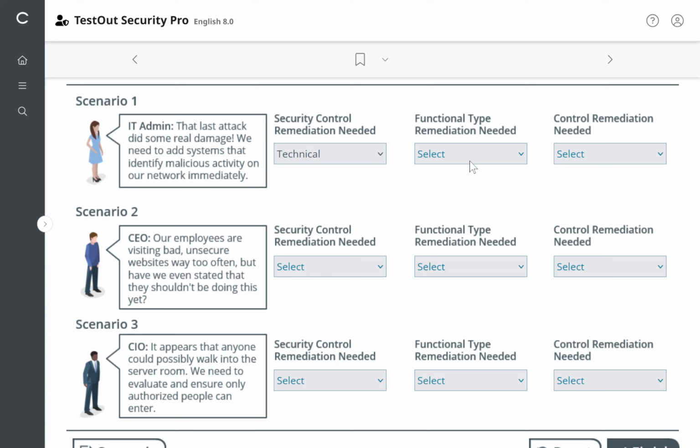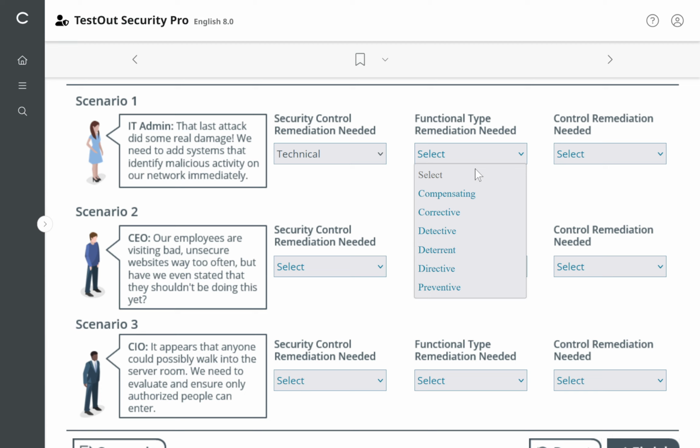Then let's look at the functional type remediation that is needed. So if the last attack did some real damage, what functional type remediation is needed? Remember, if we look at the three main categories of security controls, the functional types, we have preventive, detective, and corrective.